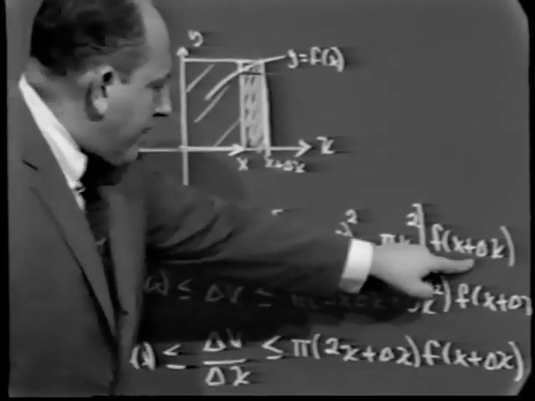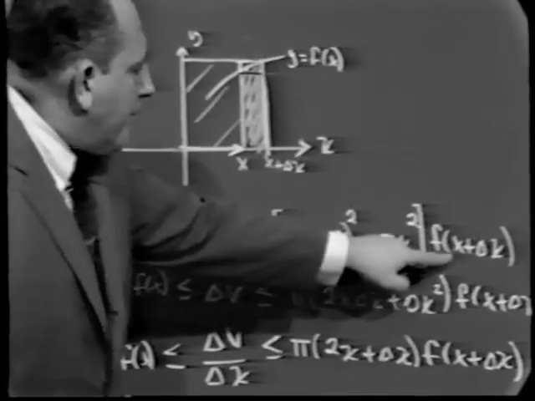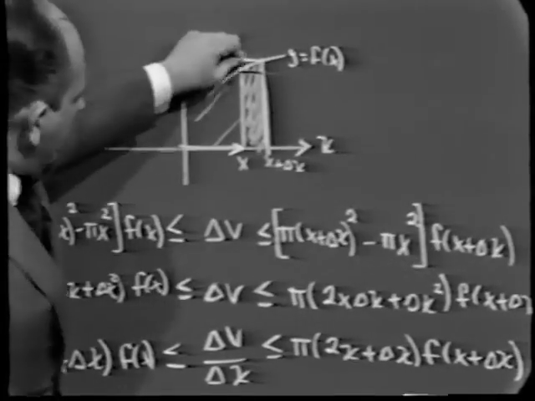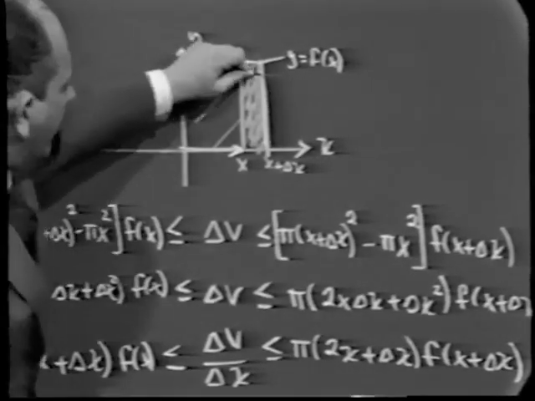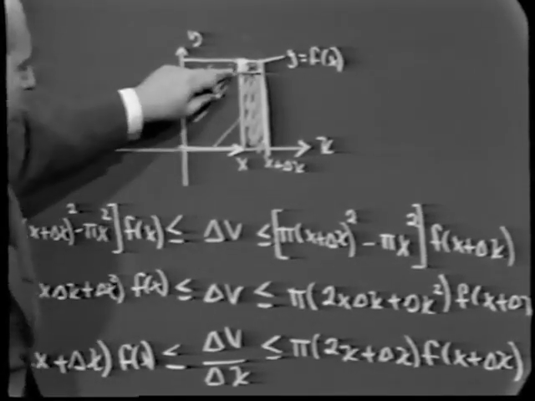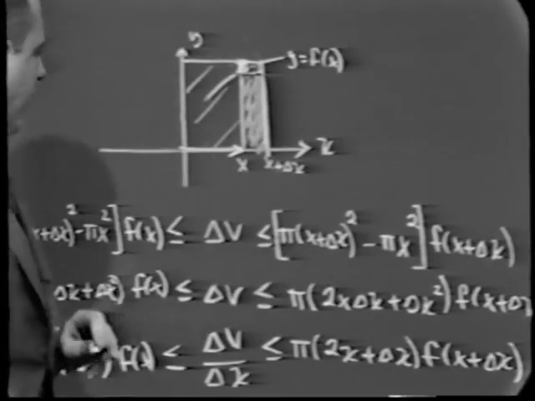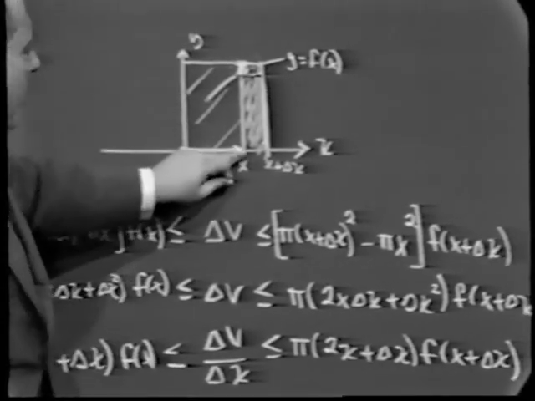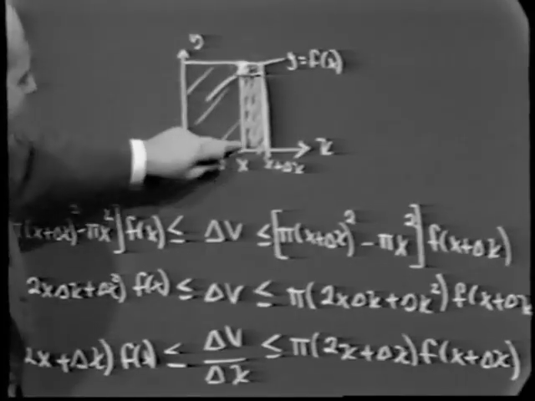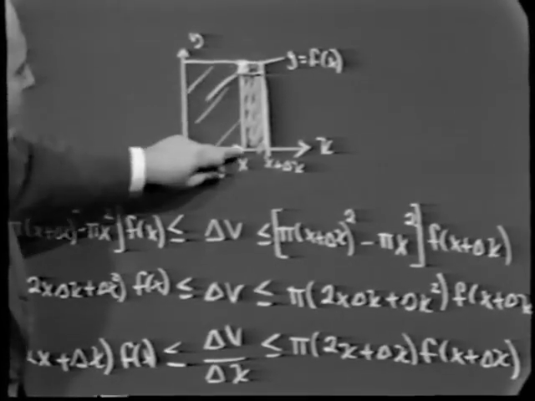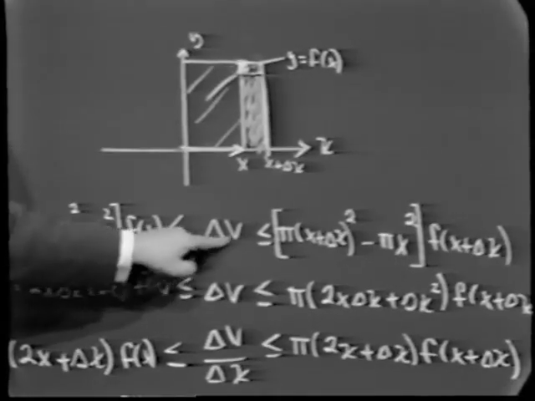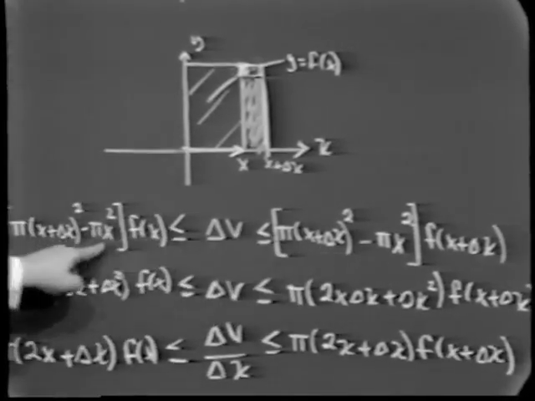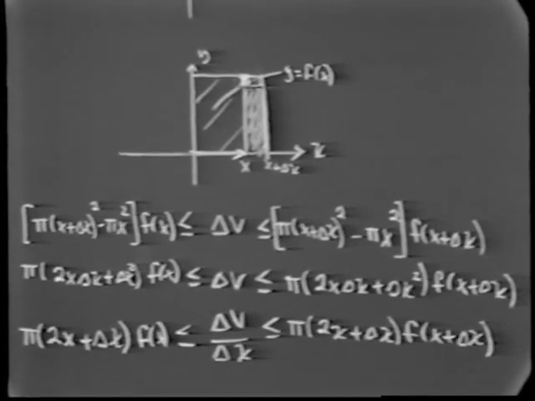In other words, as messy as this looks, that's only what? That's the volume of the region generated by this big rectangle. If we take the smallest rectangle, namely the one that's inscribed inside this region, we get the same results, except that the height is now replaced by f of x rather than by f of x plus delta x. In other words, we catch delta v between two expressions involving x.